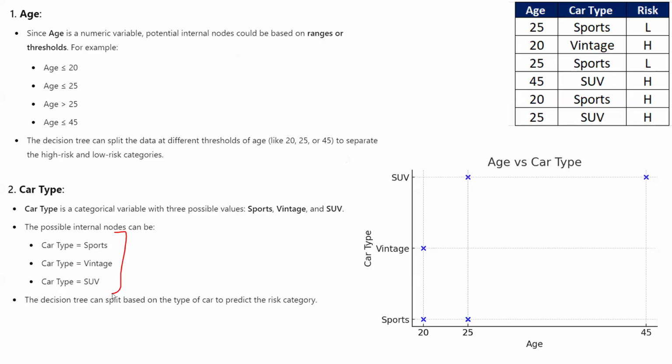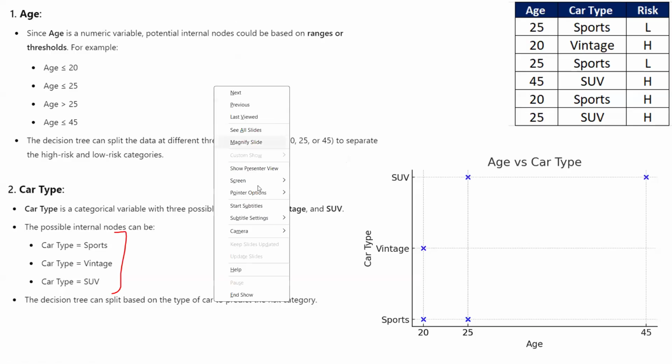As the second step, we calculate the entropy of each condition. Using these conditions you can create n number of nodes. The first node can be age less than or equal to 20.